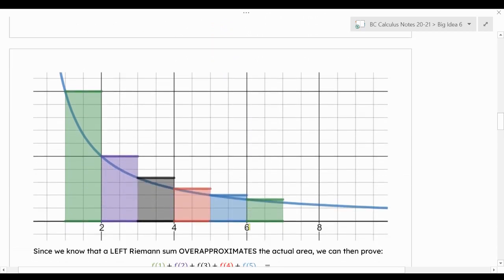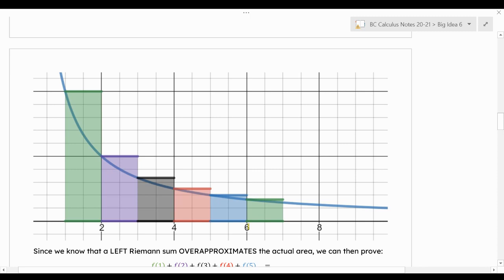We've got this decreasing, going to 0 function, and now a left Riemann sum. The green rectangle would have a height of f of 1. The purple rectangle has a height of f of 2. The black one has a height of f of 3, then f of 4, et cetera.